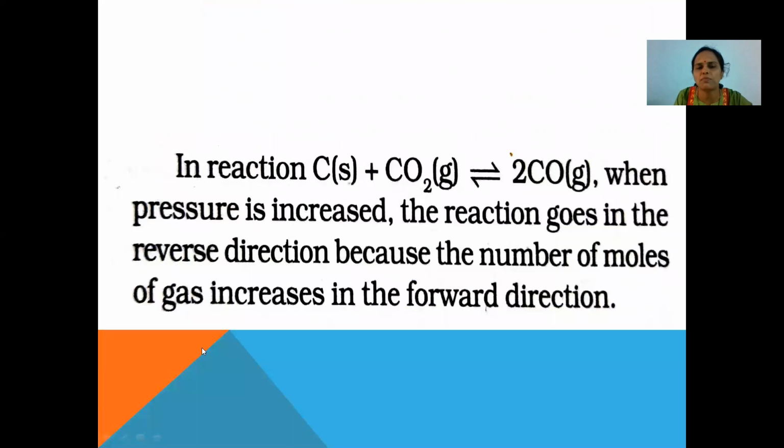I give another example. Carbon reacts with carbon dioxide to form 2 moles of CO. Compare the number of moles, gaseous always, solid is not considered. The number of moles on the product side is 2 and on the reactant side is 1. So the number of moles on the product side is greater than on the reactant side.